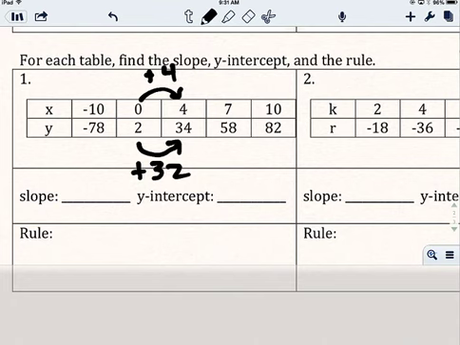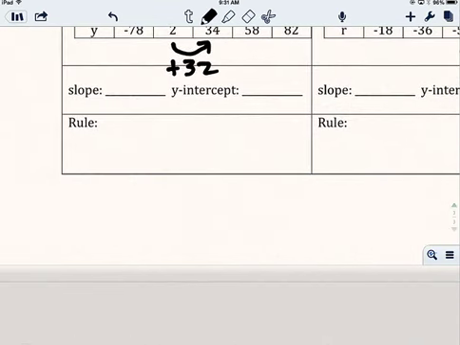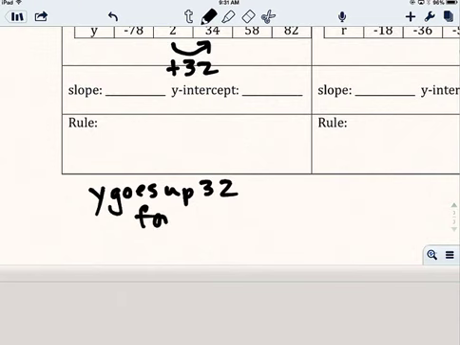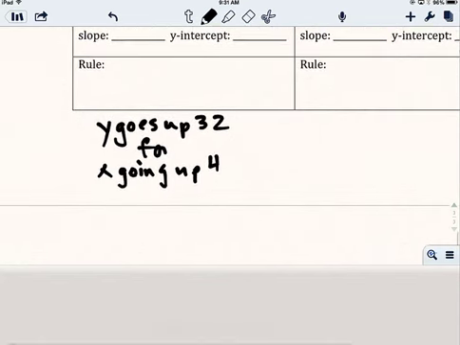And so what that says, I'm going to do a little notation down here, is that y goes up 32 for x going up 4, which is a rate. There's 32 y's per 4.